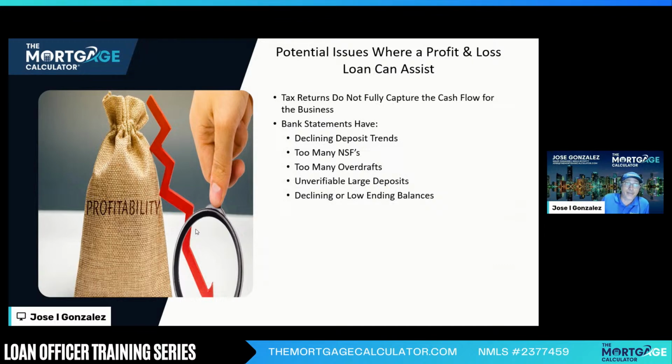Or if you were thinking bank statements, you could have either declining deposit trends, too many NSFs, too many overdrafts, unverifiable large deposits, which was their issue, or declining or low ending balances, which could mean to the underwriter that the profit margin is really a lot lower than it is, and you're going to need a lot of explanation and adjustments, and who knows what's going to happen if you were trying to force it as a bank statement loan with declining or low ending balances.